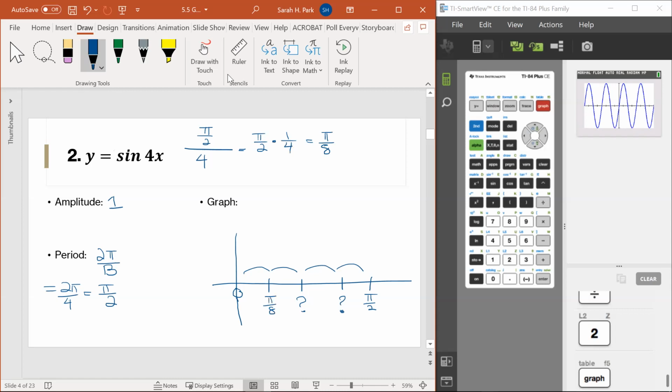To get the second value, we take 1 over 8 and add another 1 over 8. Let's make it a fraction. That's 1 over 4, so it's going to be pi over 4.